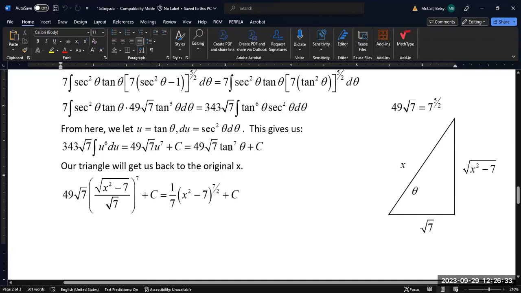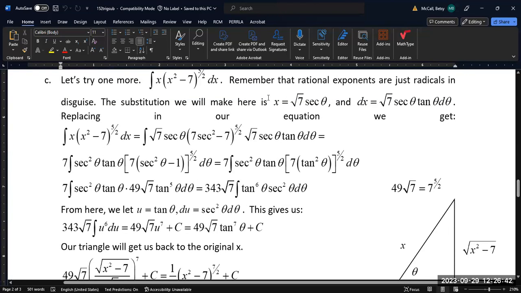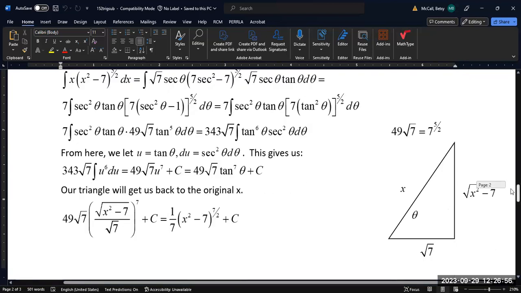So again, think about our original substitution. Let's go back up a little bit. It was this. That means that secant theta is x over radical 7. What is secant? It is hypotenuse over adjacent. Hypotenuse over adjacent.